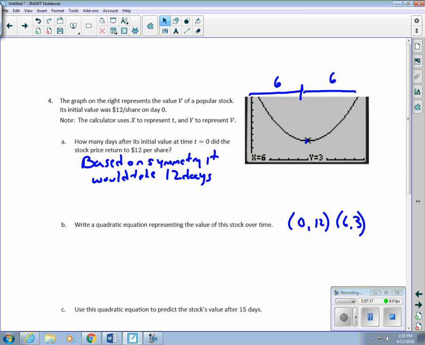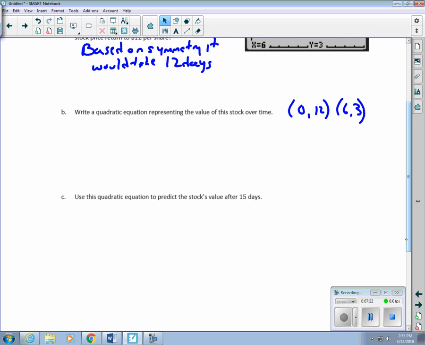Okay, so now I want to write my quadratic equation for this. So I'm going to say V of t, since I have the vertex, I can use the vertex, is equal to a times x minus 6 squared plus 3. So now the question is, what's the value of a? Because we don't know if it's 1, 2, or some other number.